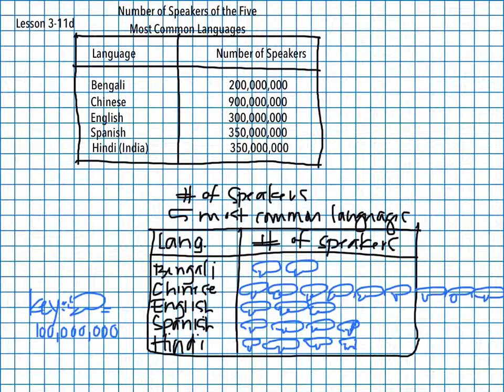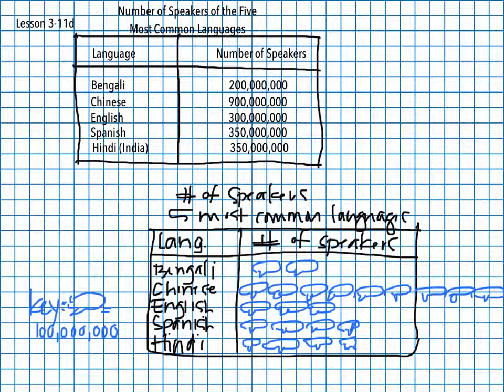So this is what your pictograph should be. You should have a title, a key, your languages, and your number of speakers represented.